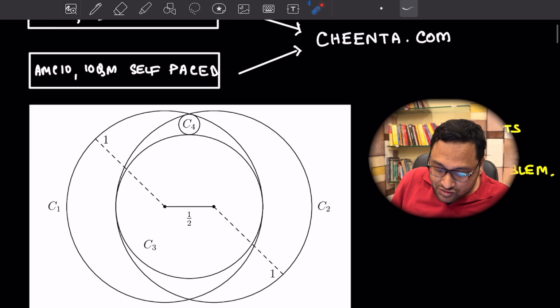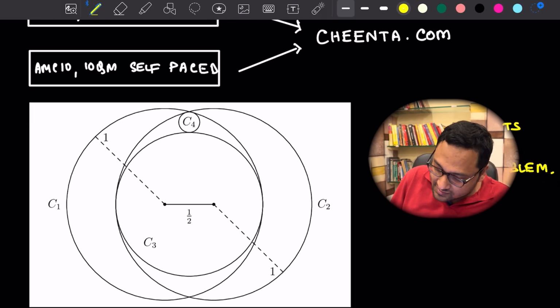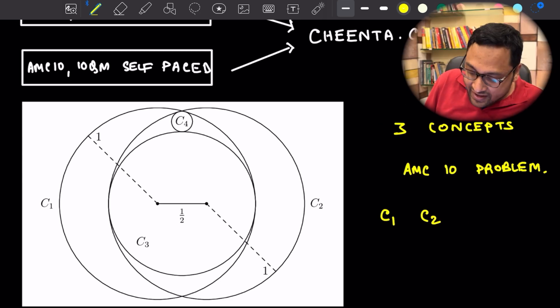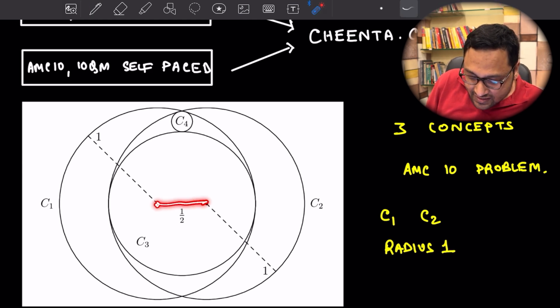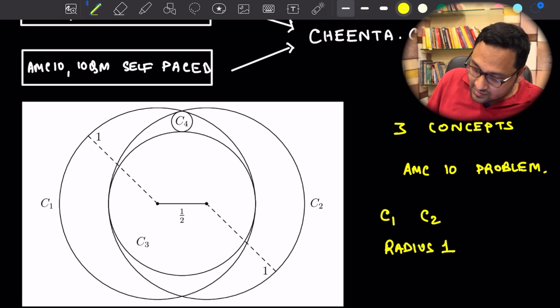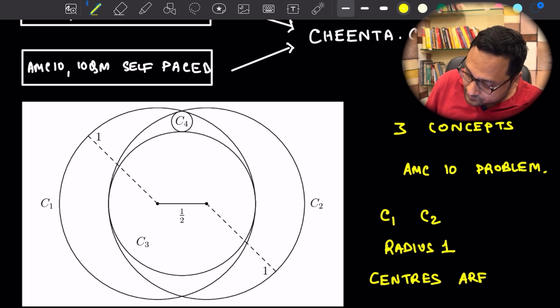C1 and C2 are the bigger circles and they have radius 1. And the distance of their centers is half. Centers are half units away. Okay?